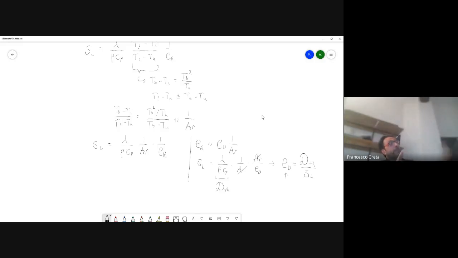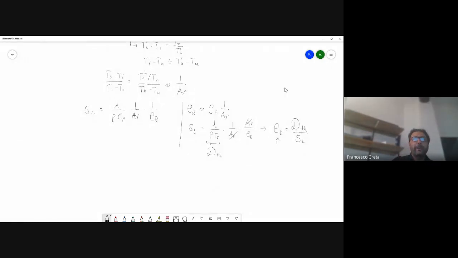You will have a higher incoming velocity to stabilize the flow, and so this gradient of temperature will be more squished onto the reaction zone. So you have this sort of dual effect: diffusivity on one side and the fact that SL can be larger. So think about this. It's totally logical.